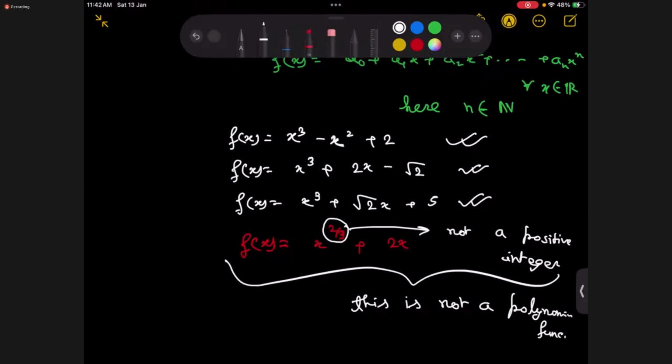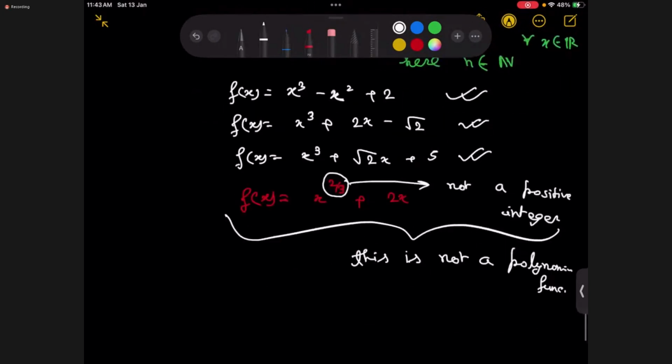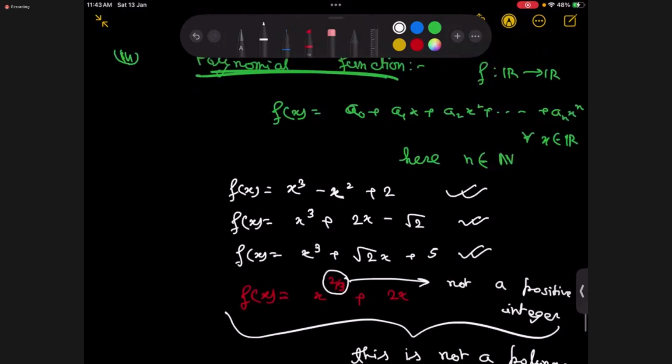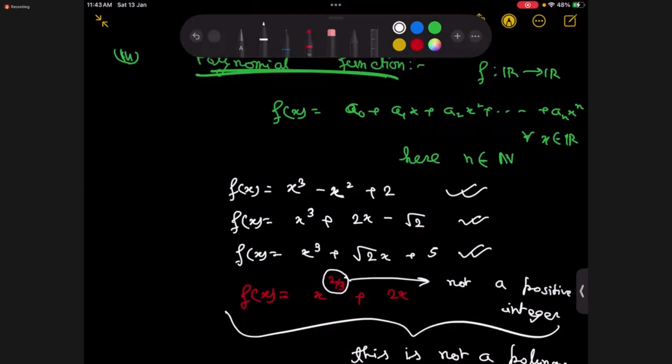Thus we can define what a polynomial function is. These are a few special examples of functions. Now we can have rational functions. Before proceeding further, you can ask why we are not making a graph of this function. This is a sum of a few monomials, like x square, x cube.